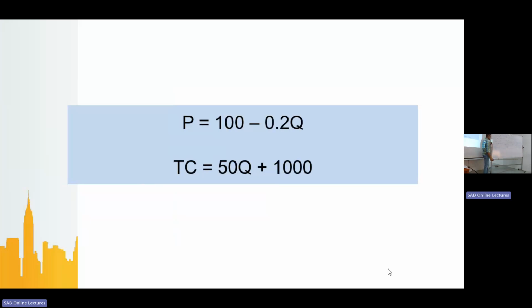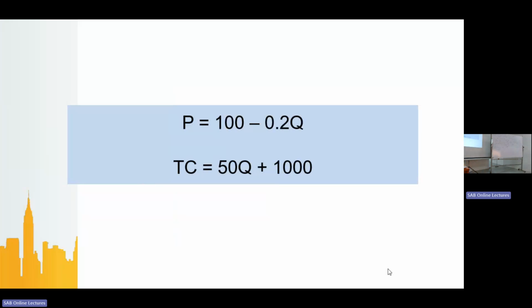Deduct 1 from the power value. And again, it's 50 Q to the power 0. The answer is 50. Marginal cost is 50. That is the third step.